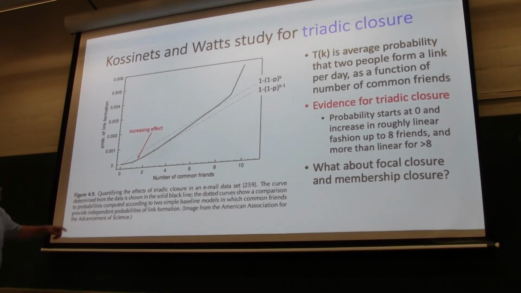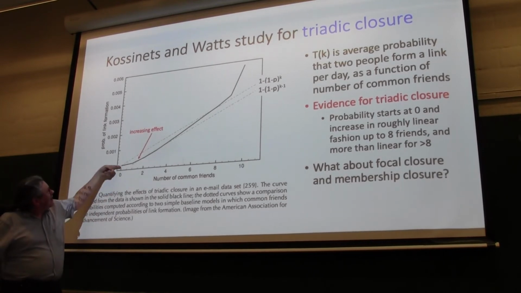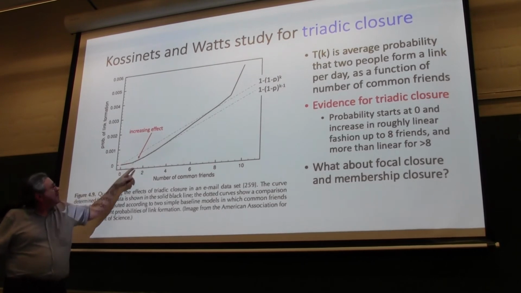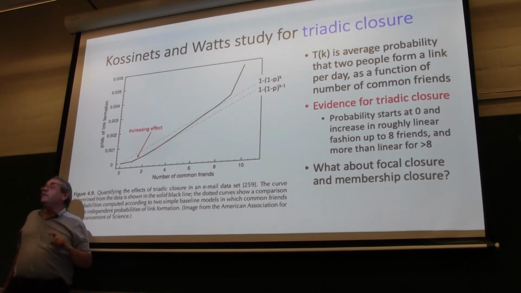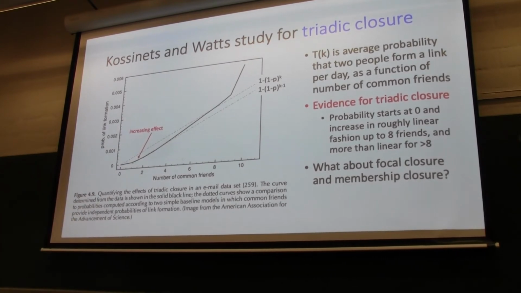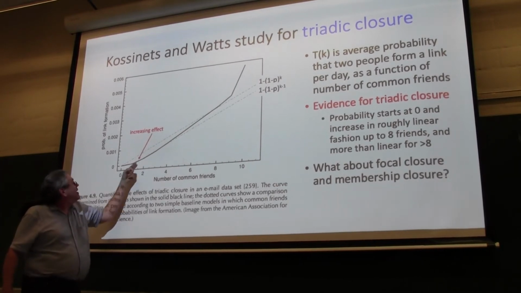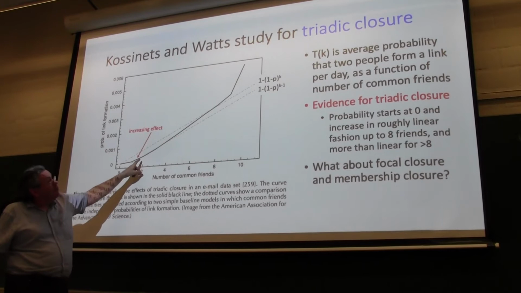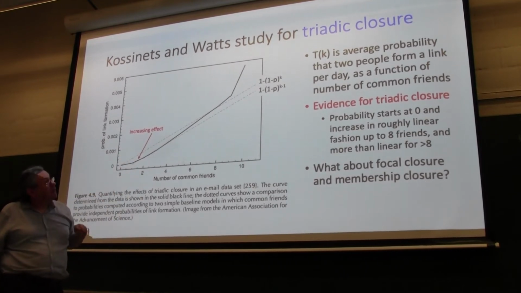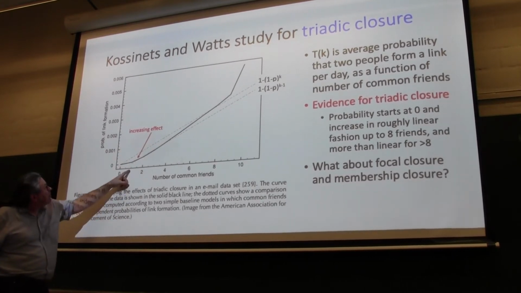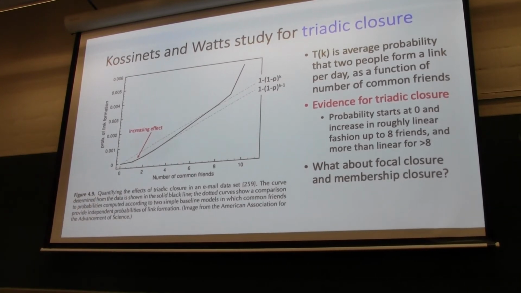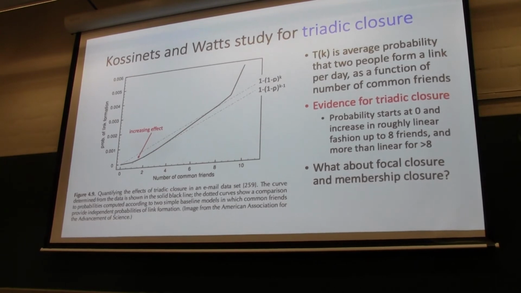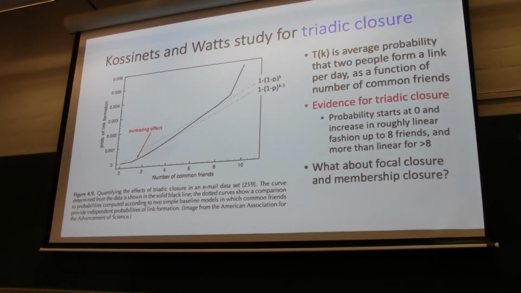Notice there's a funny thing here, like a hook. From 0 to 1 friend, there's almost no difference. That's kind of weird. One friend is not enough, actually. But once you have 2 friends, then it increases more. This is called the increasing effect. So really, 1 friend is almost the same as 0. It's not enough to have 1 friend in common, somehow, as we notice in practice.